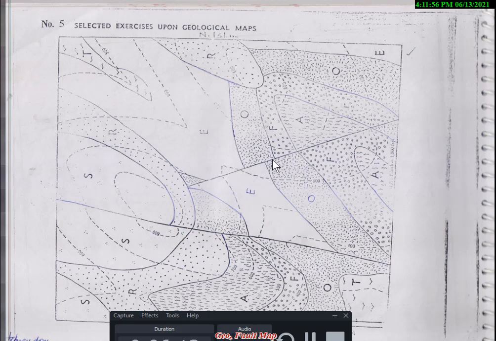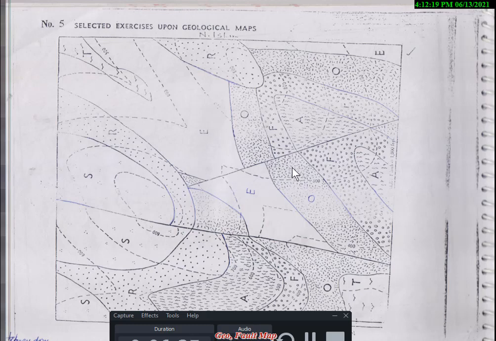So you can easily understand with your naked eye that there is a slip, and it goes through this bedding line. Also, you find this bed appears here and appears here. So this line is a fault line.